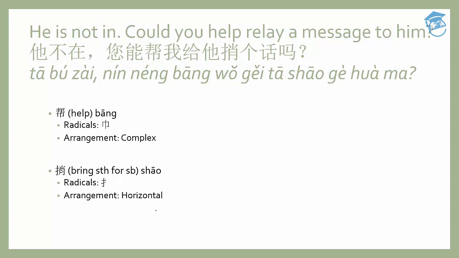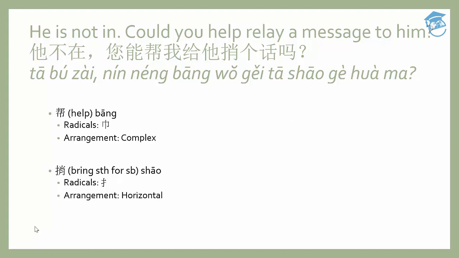The arrangement is horizontal because you have left and right components here. So let's look at how to write shao. 1, 2, 3, 4, 5, 6, 7, 8, 9, 10. 10 strokes for this word, shao.